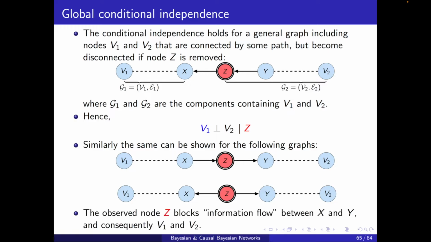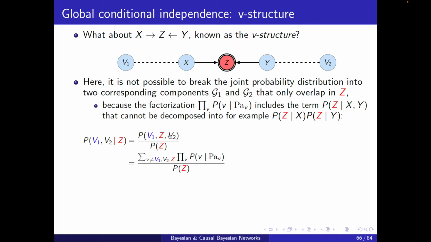Now, we cannot do that here because if I write down the conditional probability of V1 and V2 conditioned on Z, then at some point I will get to this conditional probability of P of Z given X and Y, and I cannot decompose it to, for example, P of Z given X and P of Z given Y. And I cannot do the consequent parts of the proof like the previous ones.